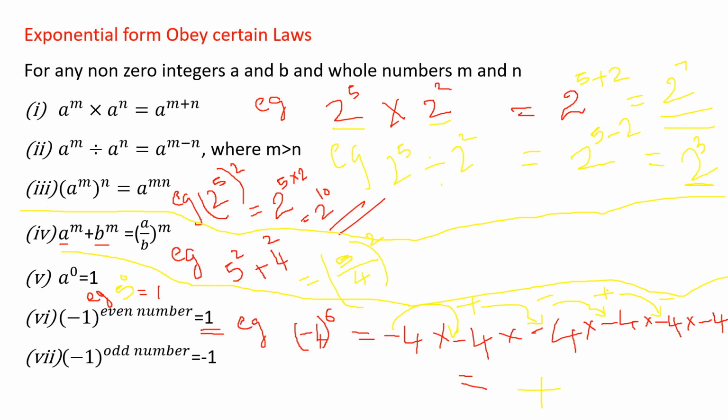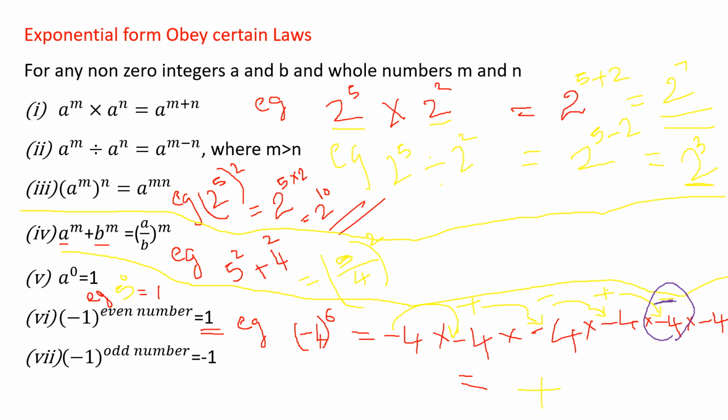Okay. And for the last one, if you see any negative number and the power is an odd number, then the answer will always be negative. For example, minus 4 the whole power 5. Instead of 6, I am writing 5. Then my answer will be a negative number. Look here, what I'm getting?